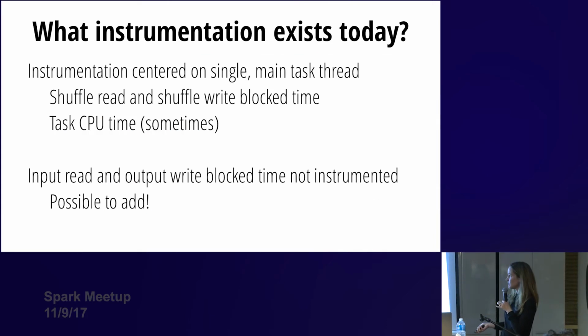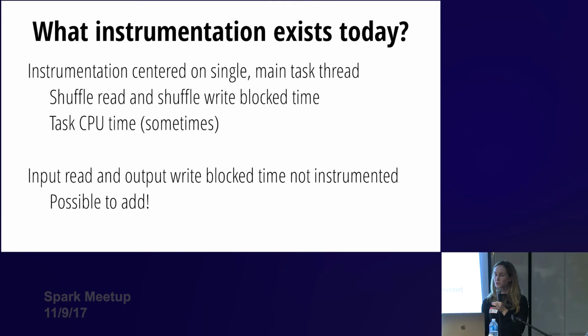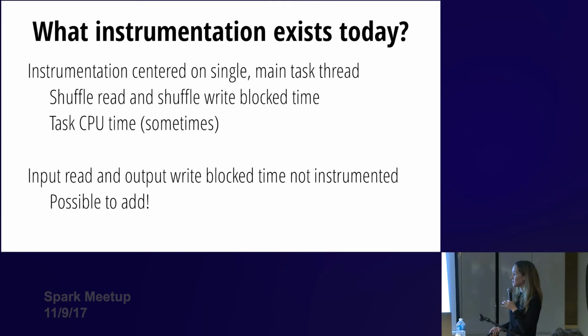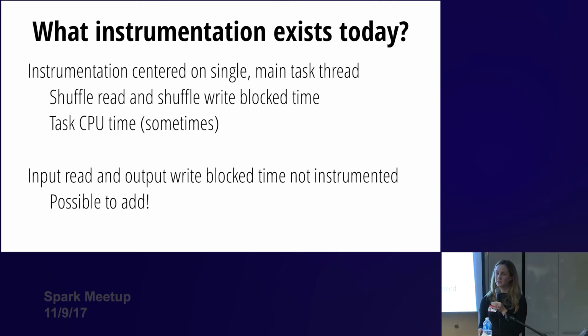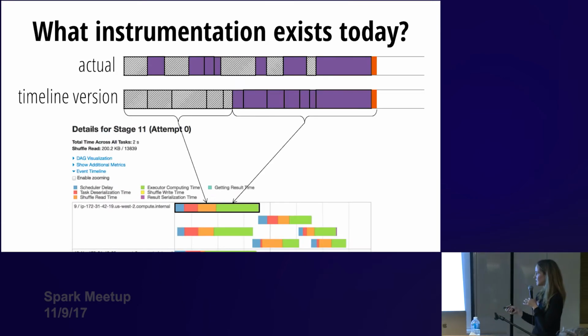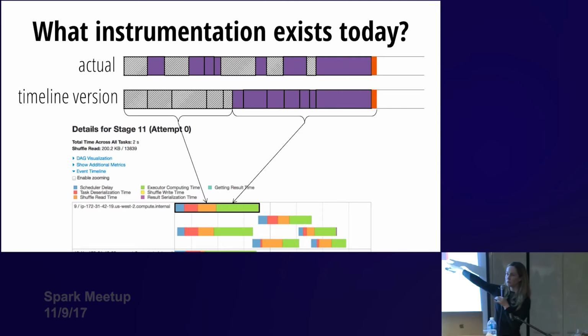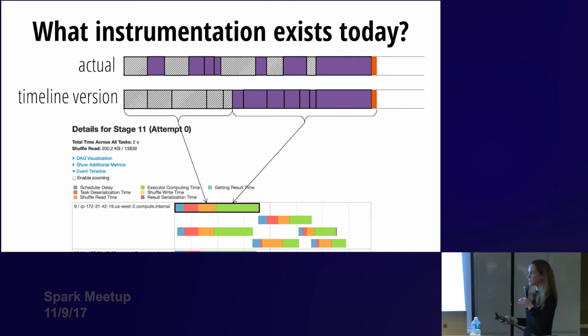Cool. So to summarize, the instrumentation today is all centered on this single main task thread. The most useful things that Spark reports about this right now are the time to read and write shuffle data. Somewhat recently, Spark also added instrumentation for the task CPU time. In theory, that would tell you only this purple when the task was actually using the CPU.